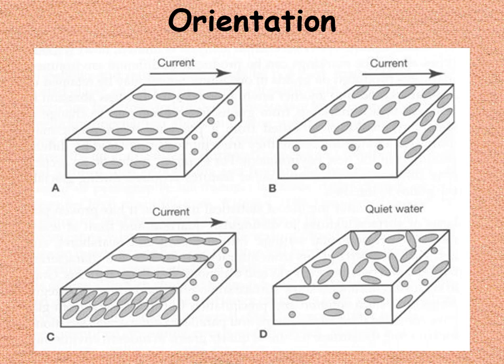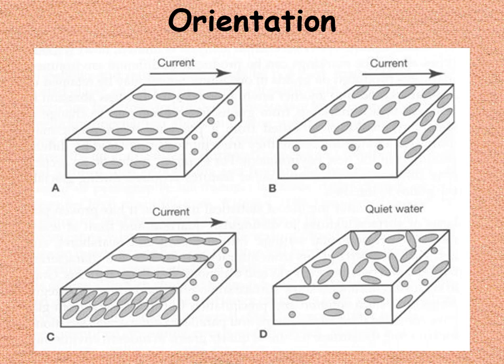You can see that a ship is moving along the flow direction with its long axis parallel to the flow. That means the ship is floating with its long axis parallel to the flow direction. The same thing, this elliptical grain is moving with its long axis parallel to the flow direction and its short axis perpendicular to the flow direction.